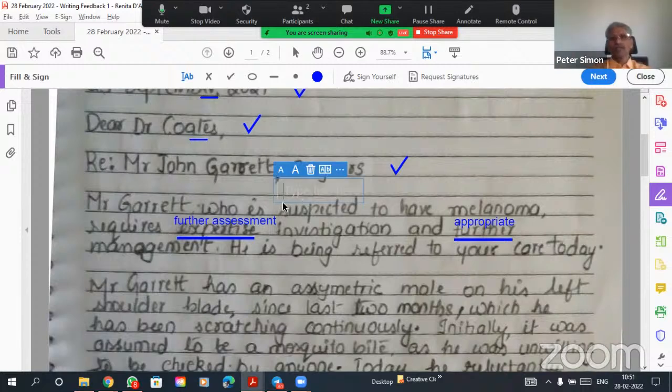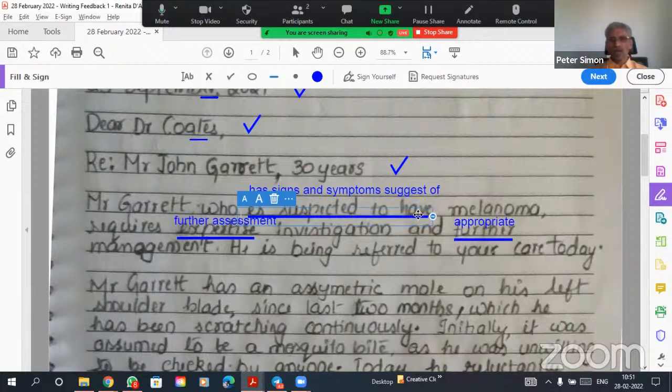Who has signs and symptoms suggestive of melanoma instead of is. So this is correct only. I'm not telling you this is wrong. This is correct only, so that's why I'm underlining. Otherwise, I'll cut it off. Right, so there is nothing wrong in this one.